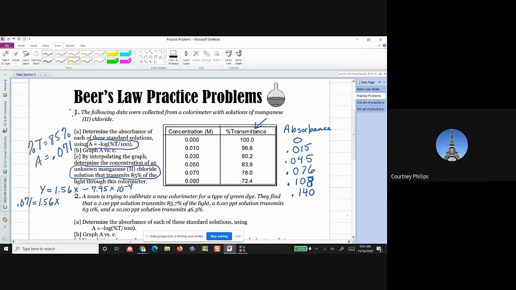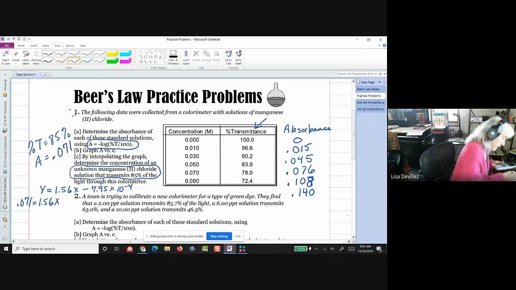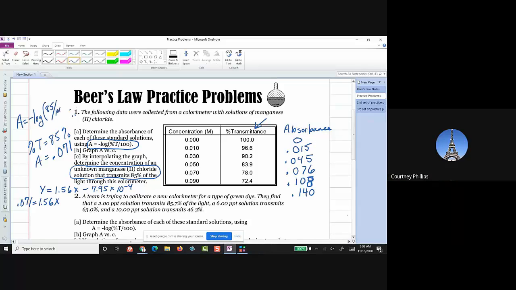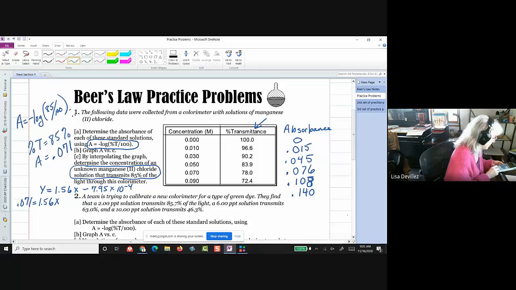How'd you get that absorbance value? I used A equals the negative log of 0.85.